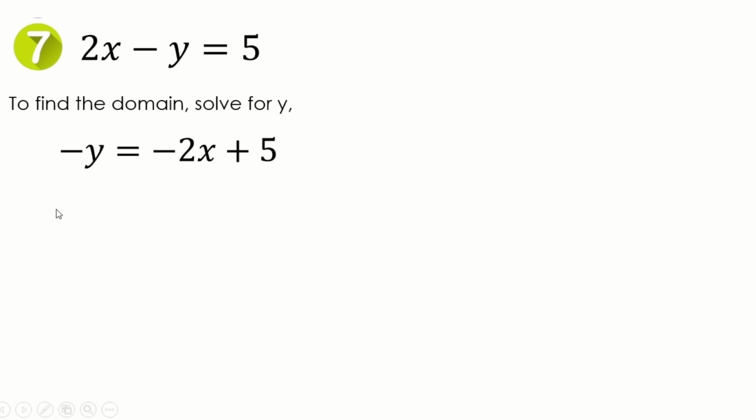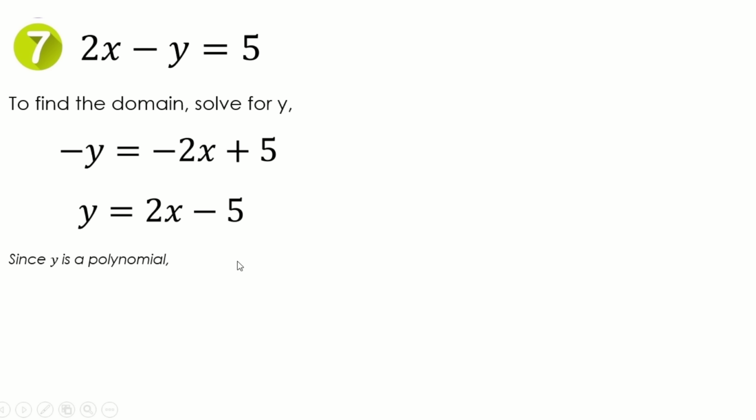Since negative yung y natin, dinidivide natin sa negative 1 both sides, o kaya imumultiply kay negative 1, para yung y magiging positive. So, yung negative 2x magiging positive 2x, and then yung 5 magiging negative 5. So, nakuha na natin. This is the value of y, 2x minus 5.